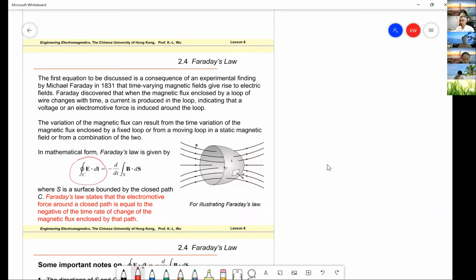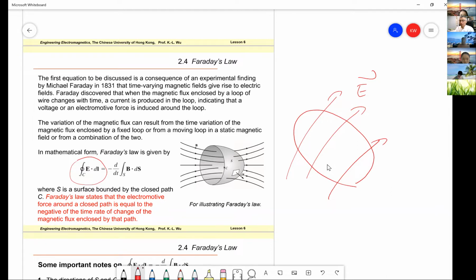Now we understand what this quantity is: if we have an electrical field and we conduct a line integration in the electrical field, we call that electromotive force, EMF.